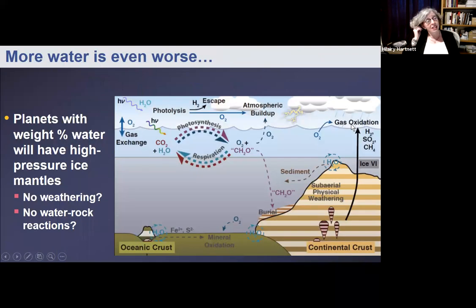More water is going to make this system even worse. We know there are planets with weight percent water, like the TRAPPIST system planets. That much water is going to yield a high pressure ice mantle, we think. And so now the bottom of this ocean has an ice mantle. This is going to severely, almost completely curtail weathering on these continents, and may even completely reduce water-rock reactions at the seafloor.